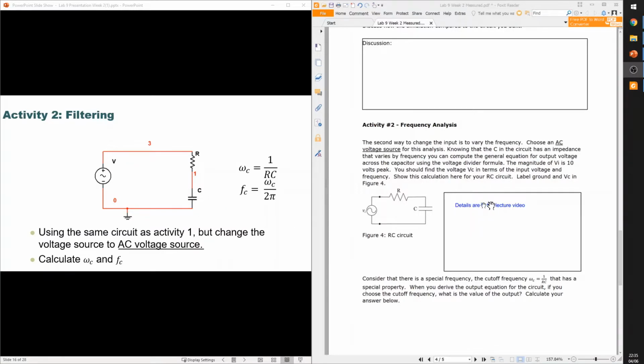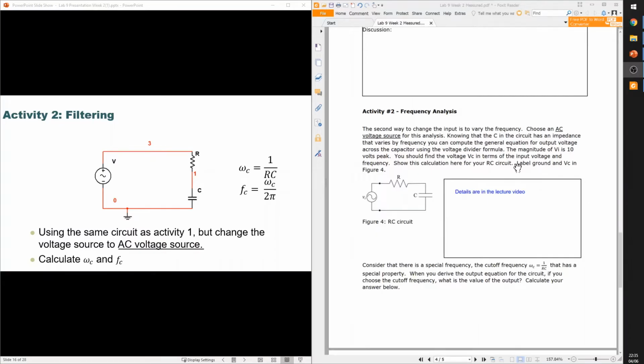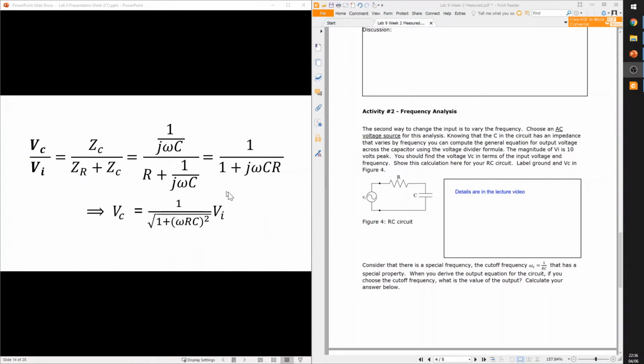So for the task of these activities, we first need to derive an equation, like the relationship between the input voltage and the voltage across the capacitor. We already talked about this in the lecture video. So it's basically this stuff.